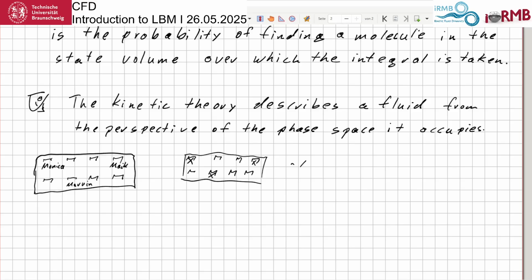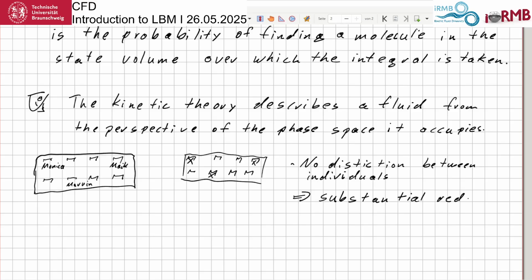So there is no distinction between individuals, meaning that you have a substantial reduction of information, which modeling people like.